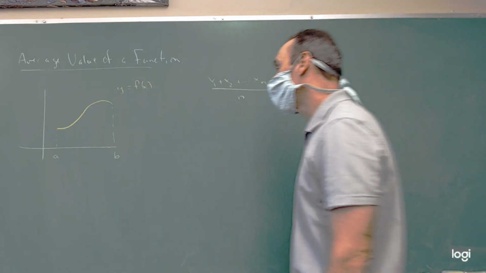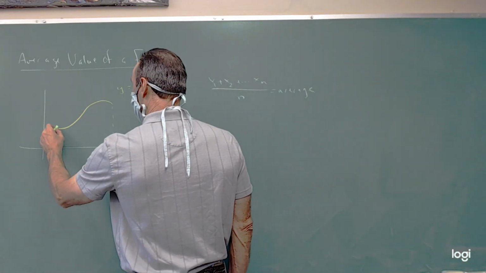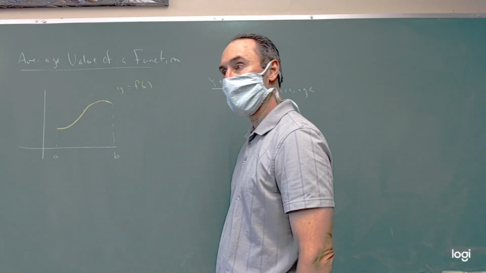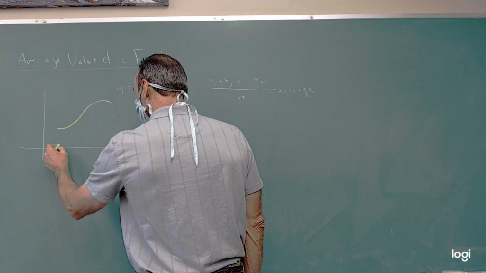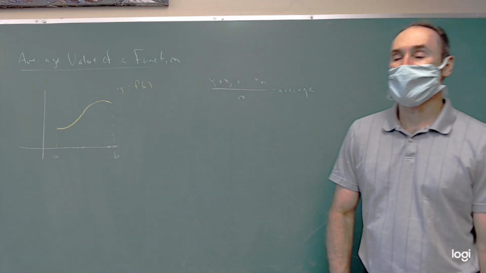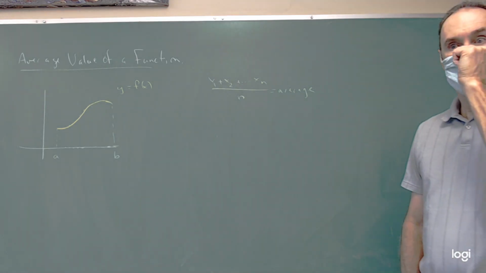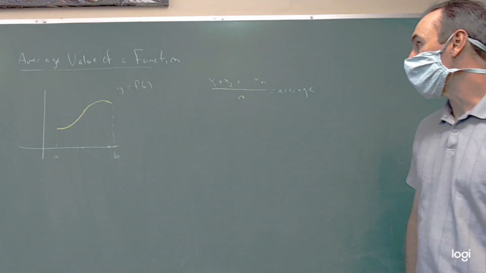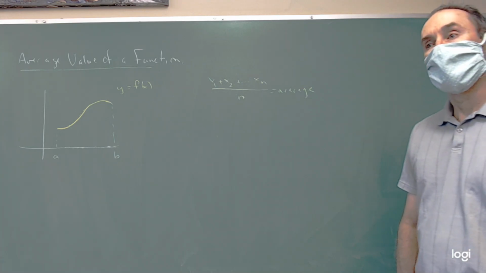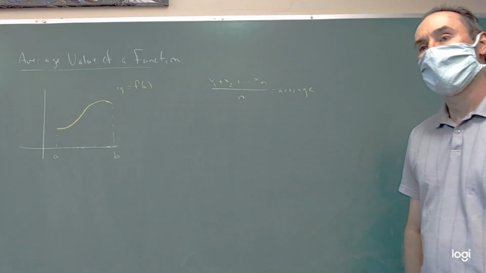So you're going to take all of these infinite number of y values, add them all together, and divide by the number of numbers. So it's an infinity over infinity issue, and the question is then how do you resolve it? It's going to have to be a limit in there, and we're going to play around.